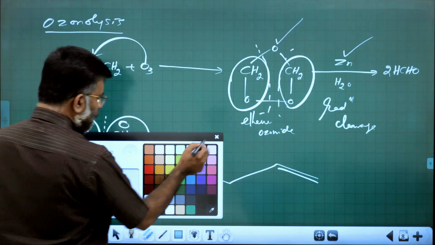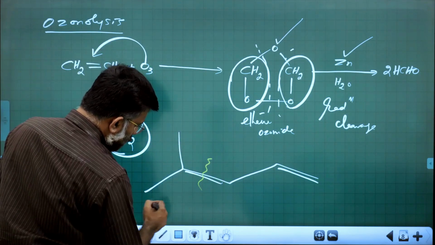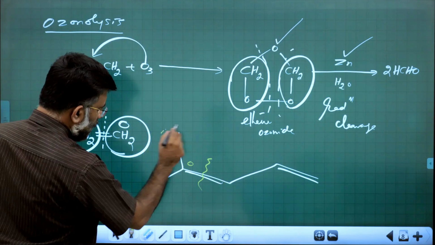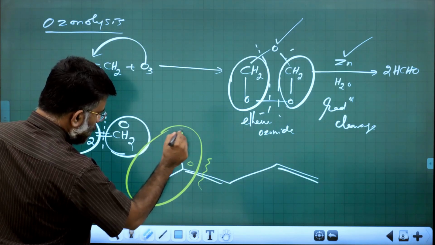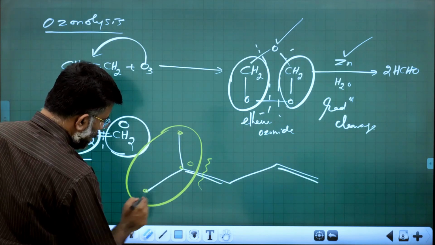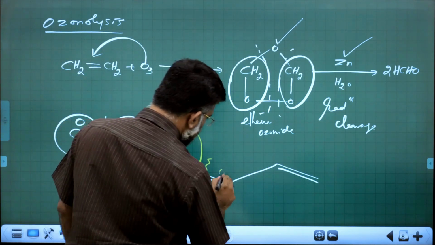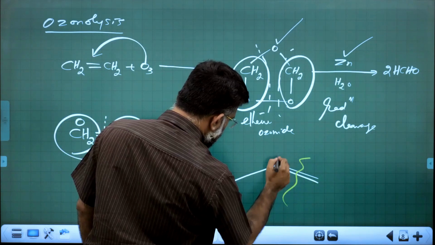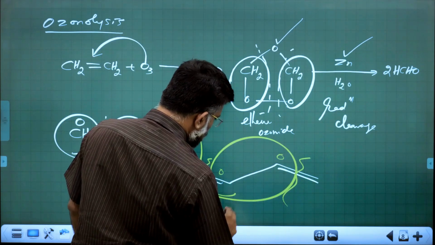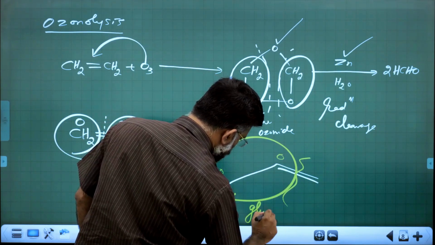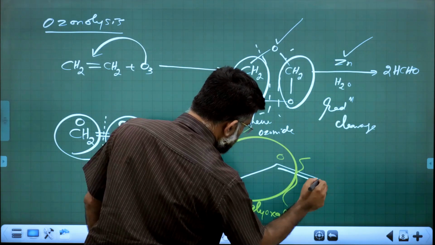Yes, it will be a cleavage over here, an oxygen here, that is CH3 CO CH3, you get acetone. And now here there is an oxygen, it is going to break here, here there is an oxygen, this is CHO CHO called glyoxal. And this is formaldehyde.